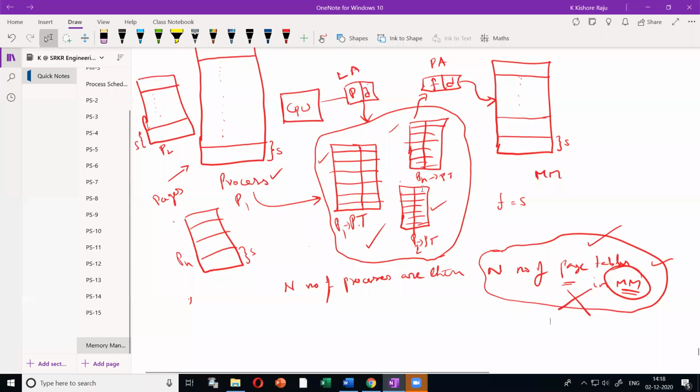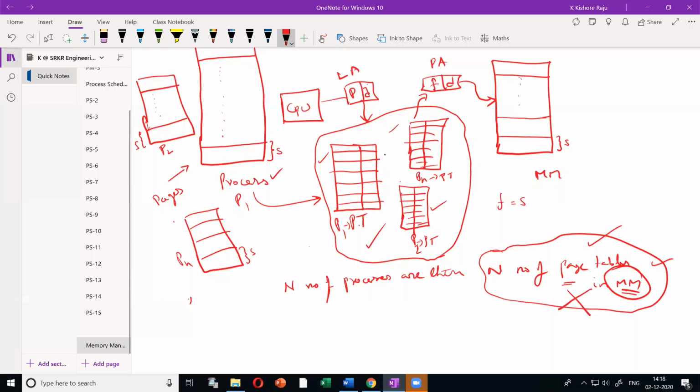Because in total, how many number of pages can you handle in the system? Please, anyone? How many number of pages can I handle in a computer system?